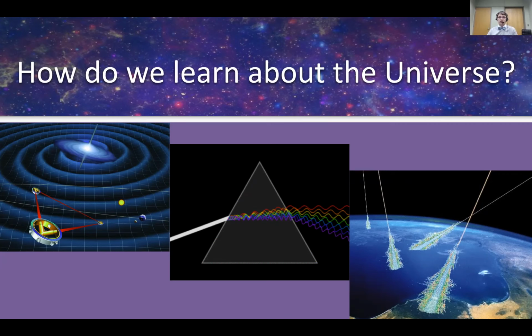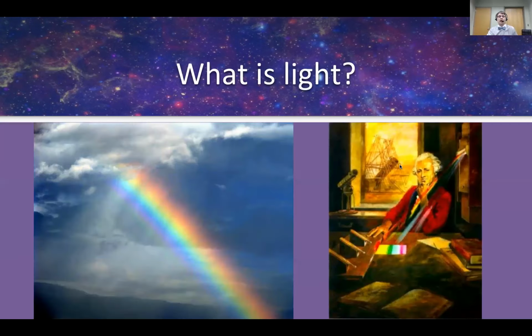Really exciting way to figure out what's going on. But the classic way we learn about what is beyond our Earth is through light. Most of NASA's missions deal with that, and that's what we're going to be talking about today, what light is and how that helps us learn about the universe.